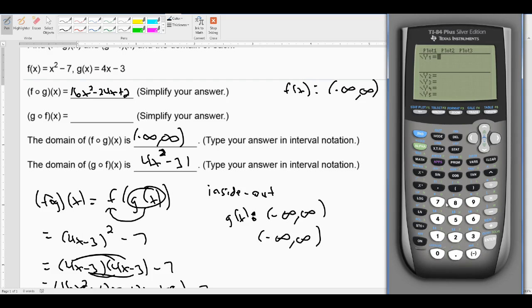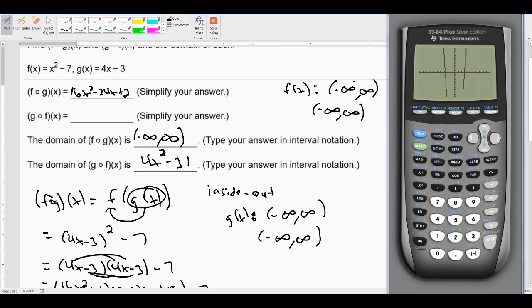Hopefully you already know that it's also a parabola, and its domain is also negative infinity to positive infinity. And what do they have in common? Well, everything. I wrote these in the wrong places, but that's okay. The domain down here is negative infinity to positive infinity.